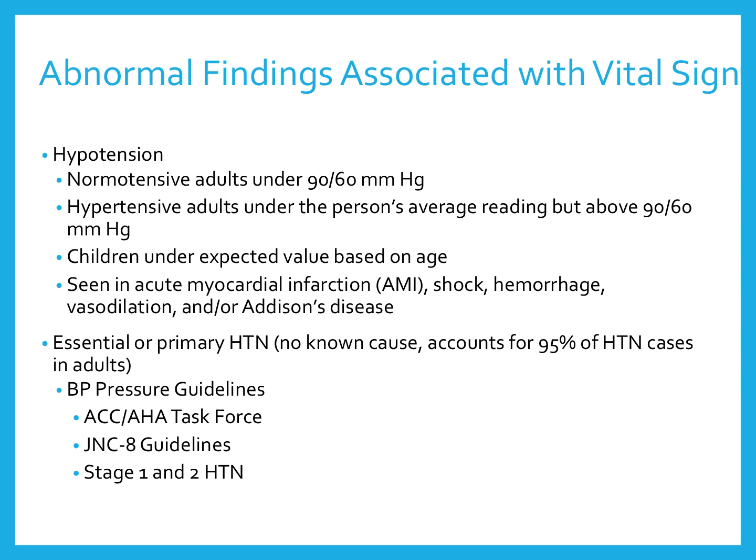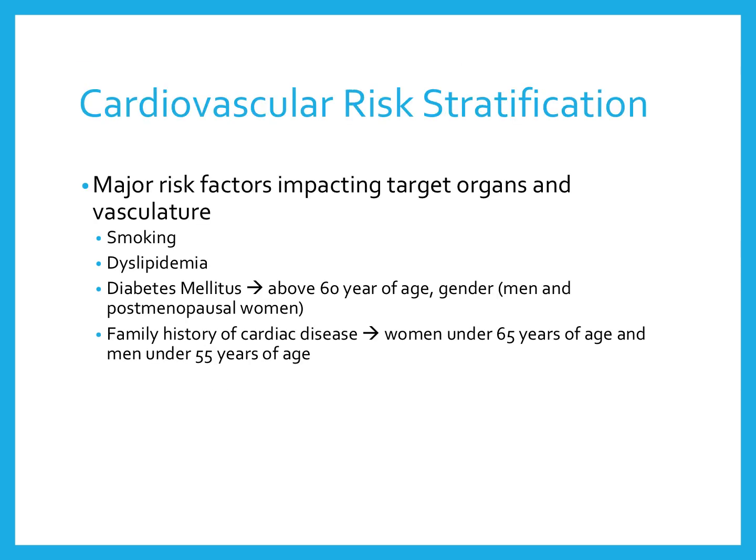Now, essential or primary hypertension has no known cause and accounts for 95% of almost all hypertension cases in adults. We use the AHA blood pressure guidelines and we look at the stages of hypertension based on what their blood pressure reading is.